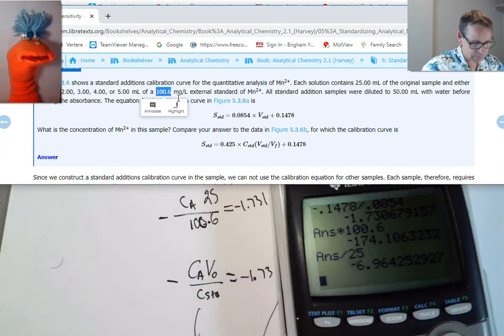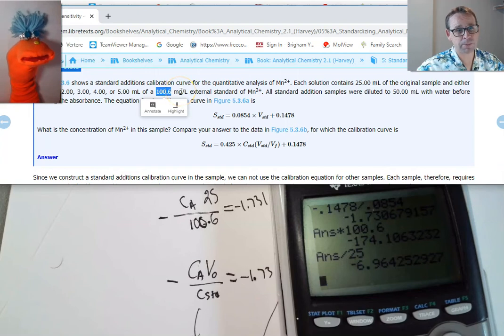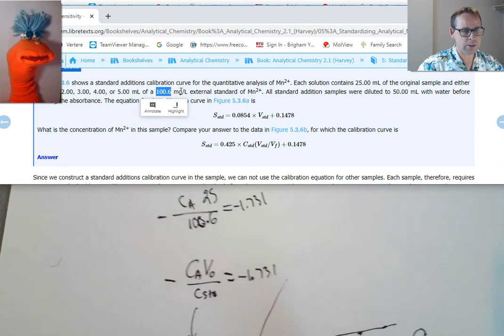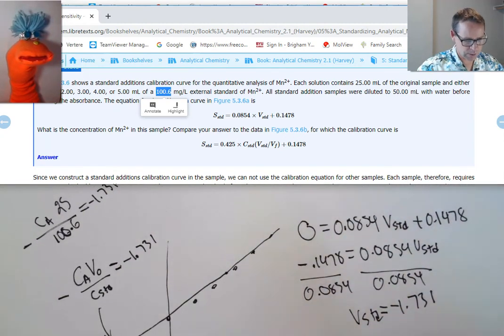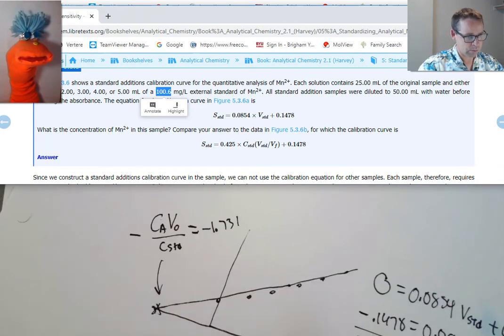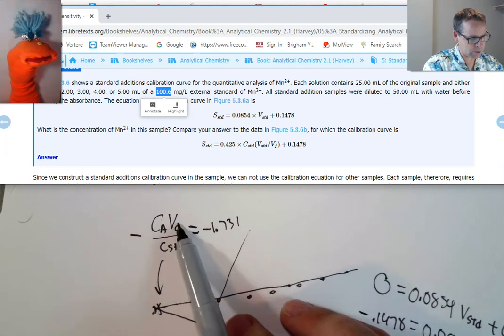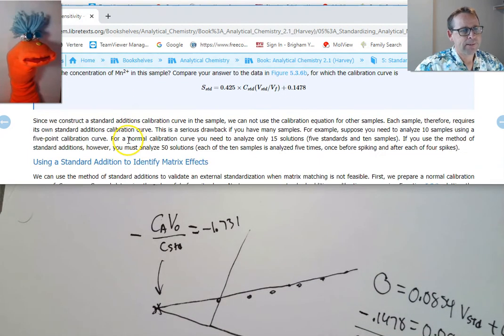We got 6.96 parts per million, so milligrams per liter are parts per million. Just a quick review: we solved for the x-intercept and then set that equal to the concentration of our analyte times the volume initial divided by the concentration of the standard. Okay, good.